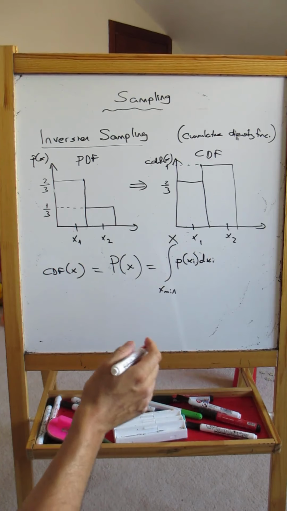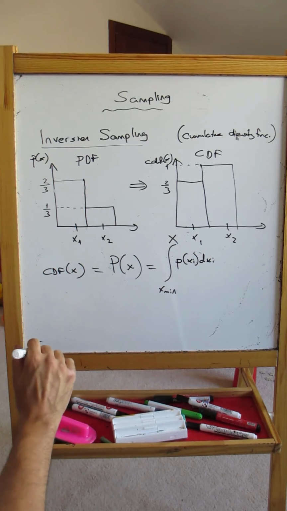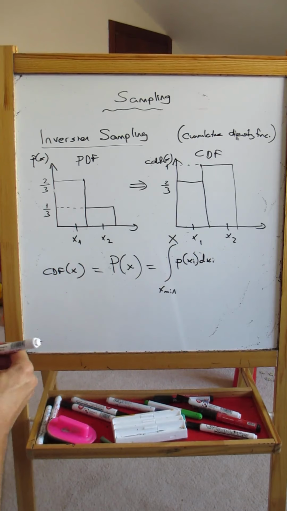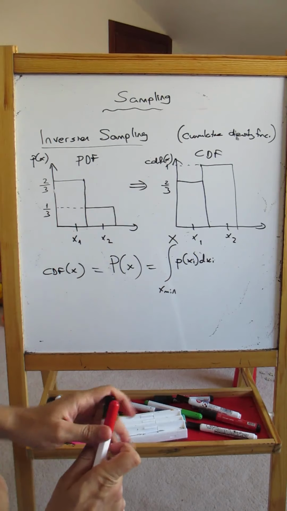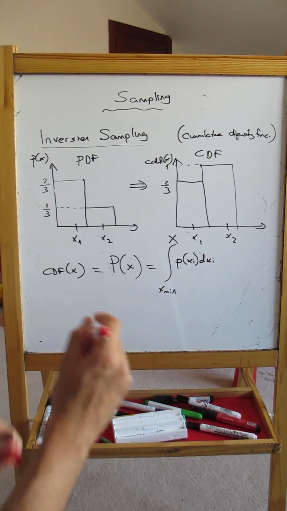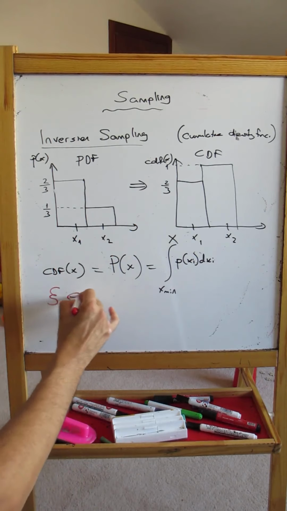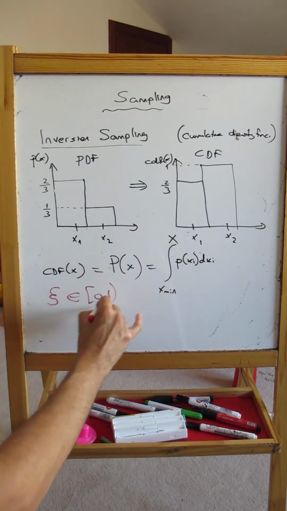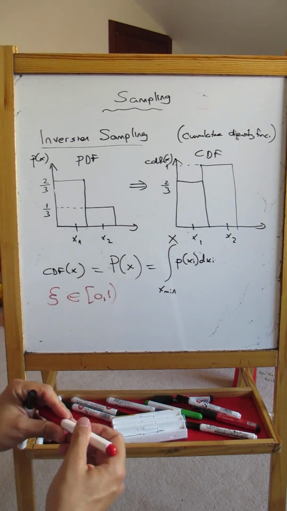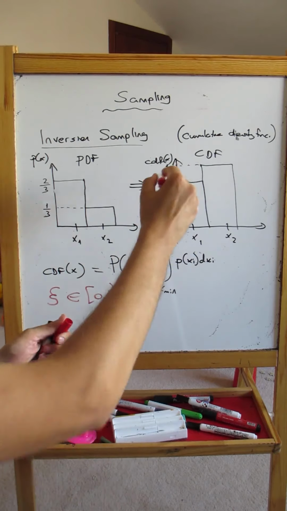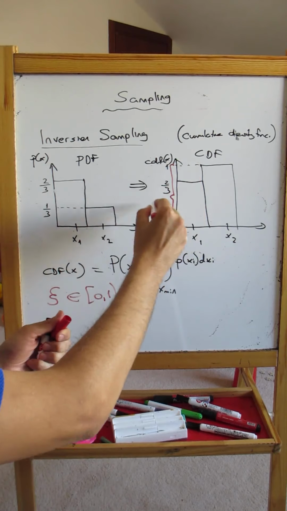Now, if you want to sample with respect to this, let's say we generate a uniform random number chi, again uniform from 0 to 1, as always. Note that this range here is from 0 to 1.